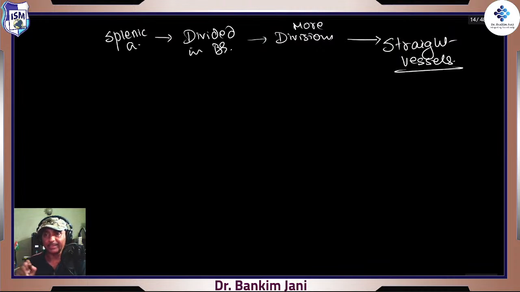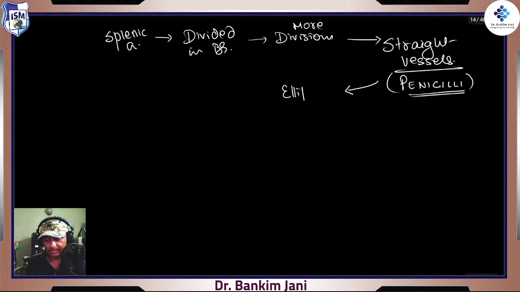They are given a name, right? It is called penicilli. Straight vessels. And then they will be entering into ellipsoids, because the entire spleen is divided into these ellipsoids, right? And finally the arterial capillaries.